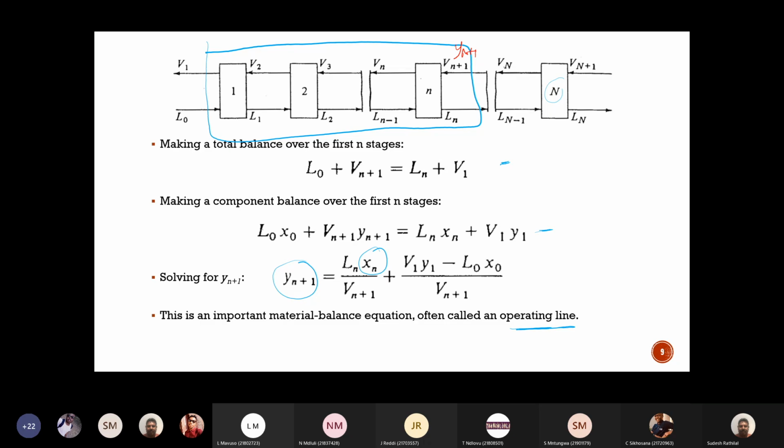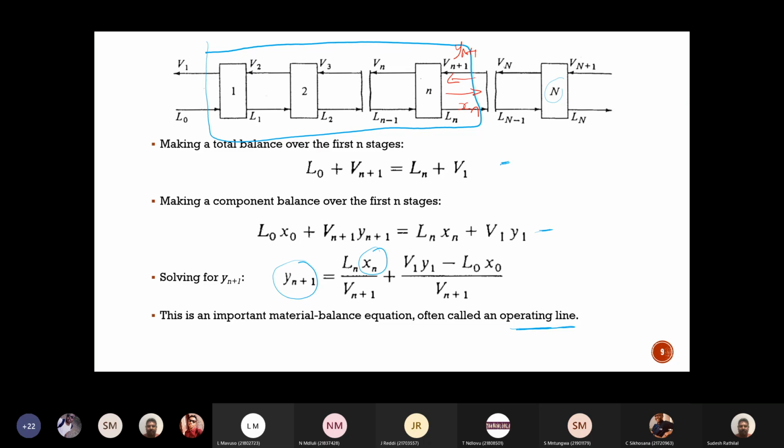And where is xn? xn is here. So you can see it is on the same side of the nth stage. So this operating line relates the compositions as they pass each other on the same side of a stage.